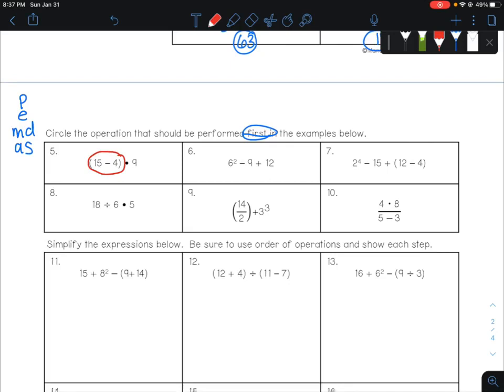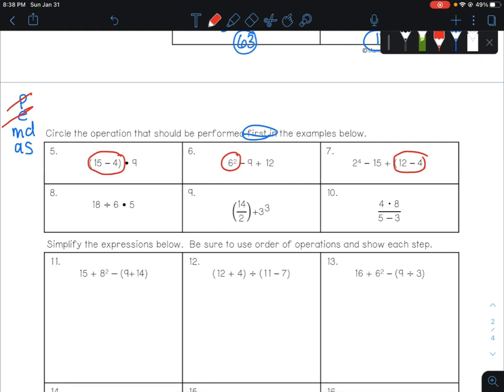In number 6, I don't see parentheses, but I do see exponents, so that has to be next. Okay, now for number 7, I see parentheses, so we have to do that first.